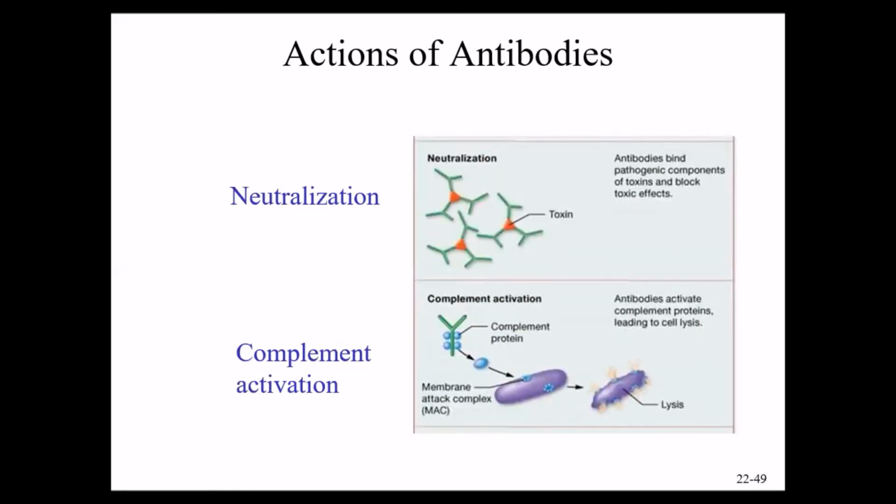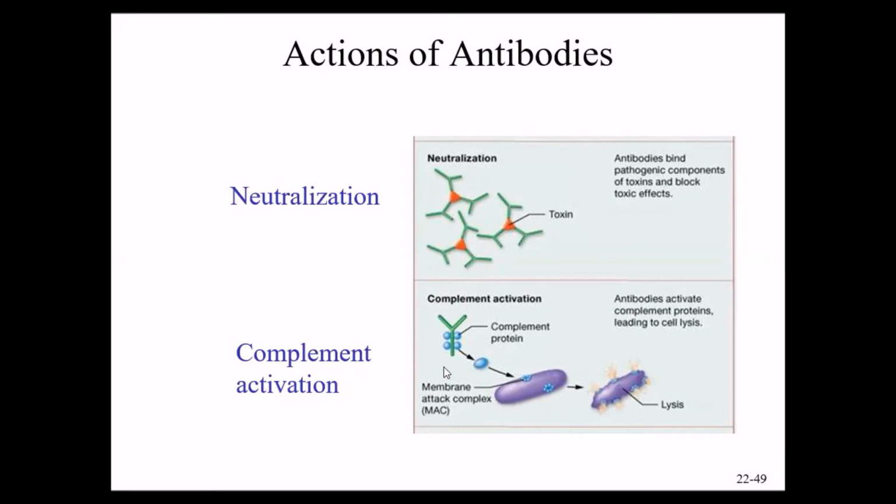Neutralization is what you generally refer to when you're talking about getting rid of some kind of toxin. There's also complement activation. Remember, we talked about IgG, and one of its actions is to start the process or activate those first proteins involved in the complement cascade system that will eventually lead to the MAC, or the membrane attack complex.